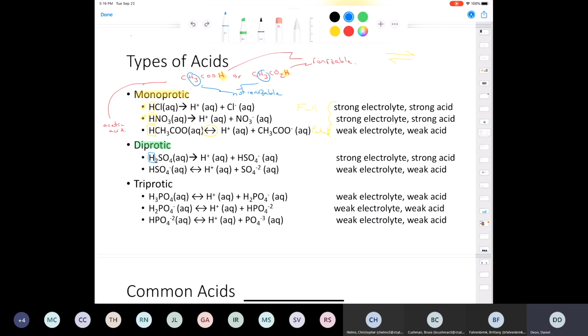But what you're left over with is this polyatomic ion, right? This is the hydrogen sulfate ion, okay? Now, what about this hydrogen sulfate ion? Well, sulfuric acid does have two protons, so that means it can lose two of them. But what happens is, once you form the hydrogen sulfate ion, it's got a negative charge. How eager do you think the hydrogen sulfate ion is going to be to lose the second proton?